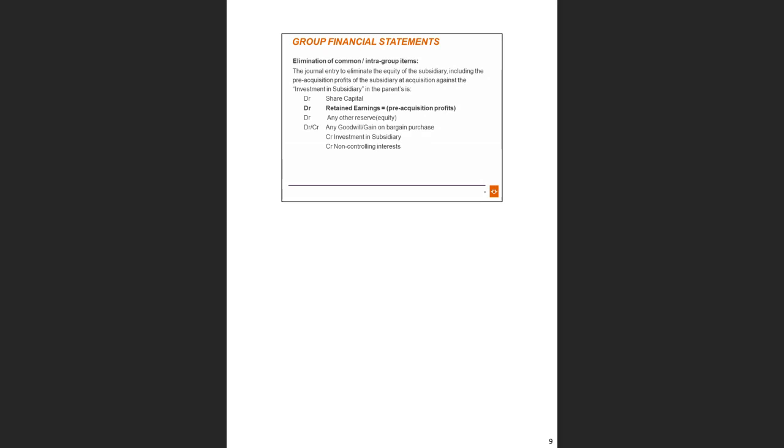So the pro forma journal entries will eliminate the equity of the subsidiary, which is represented by the share capital and the retained earnings, specifically the pre-acquisition profits in the retained earnings. If the subsidiary has any other equity, we will also debit that, which will essentially eliminate the equity of the subsidiary, and we'll credit the investment in the subsidiary.